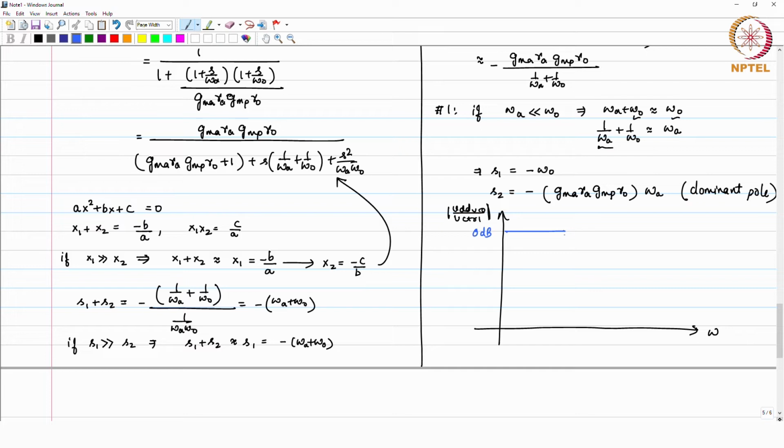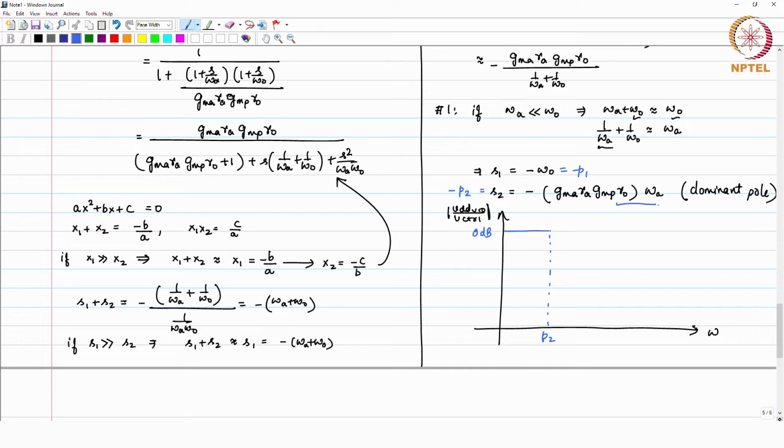and then you get the first pole. If in your open loop case your omega A was the dominant pole, then in closed loop your dominant pole is S2. So, let us say this is minus P2 and this is minus P1. It is difficult to write this whole value, so I will just write P2 here.